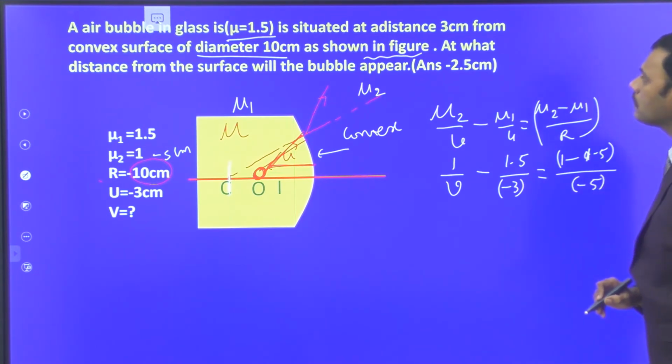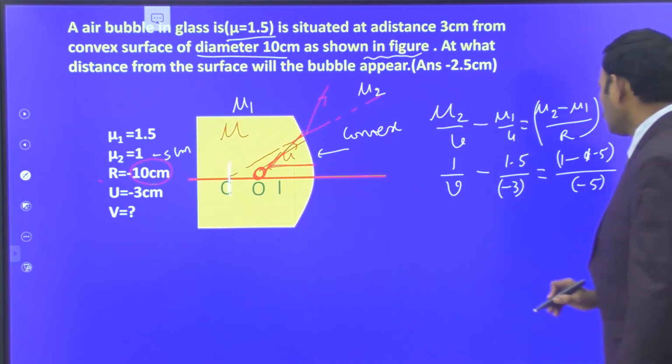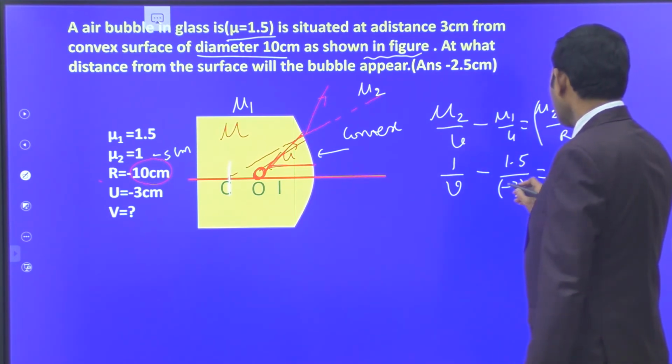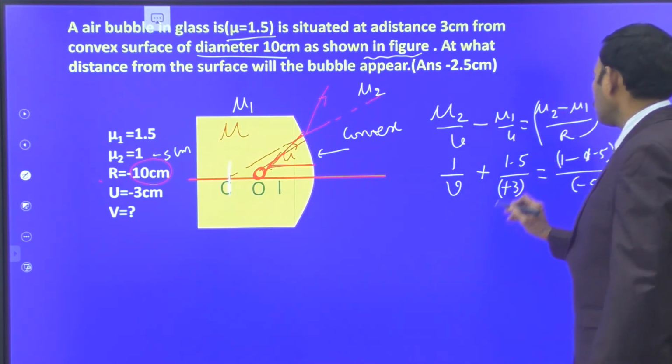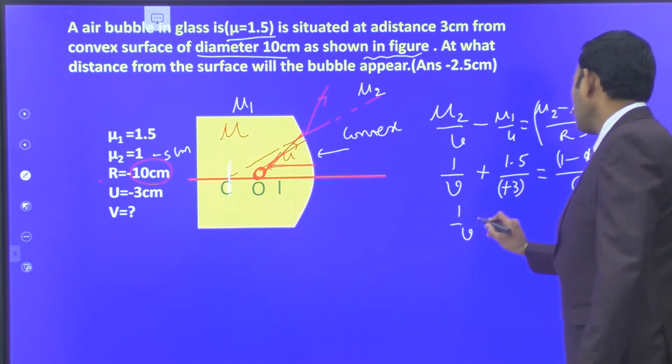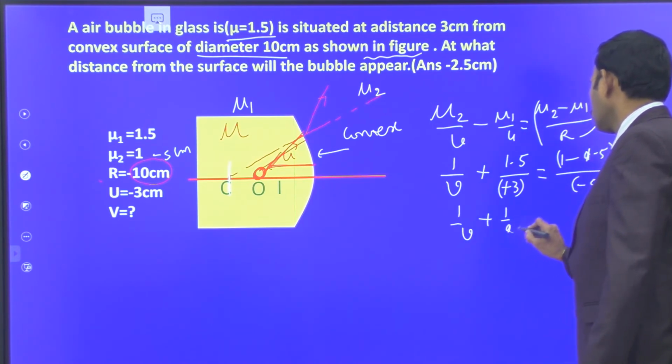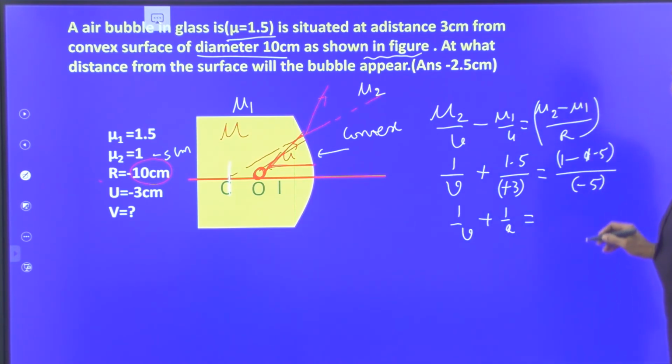Diameter is minus 10, hence radius is minus 5. So here minus minus becomes plus, 1.5 by 3. So 1 by V plus 1 by 2 is equal to 1 minus 1.5, that means minus 0.5, divided by minus 5.